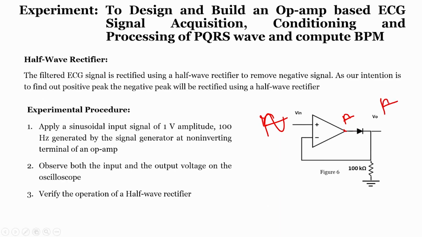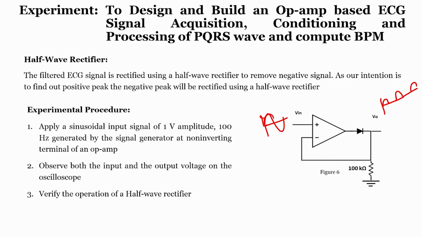Now, during a negative peak, since it is a voltage follower, we would get a negative, but the diode will be in reverse bias condition. So, we will not get anything, though the diode will have some cutoff. Ideally speaking, we will not get any negative, and similarly another positive peak like that. So, as a result, when we pass through this circuit, we will get only positive peaks.